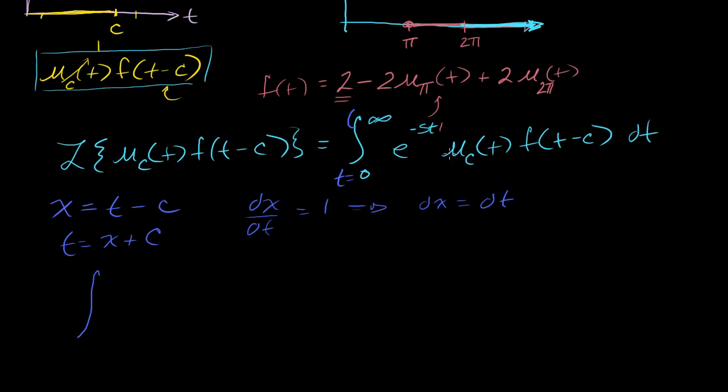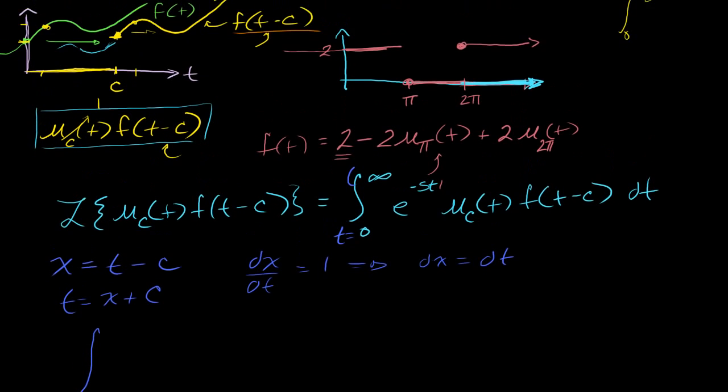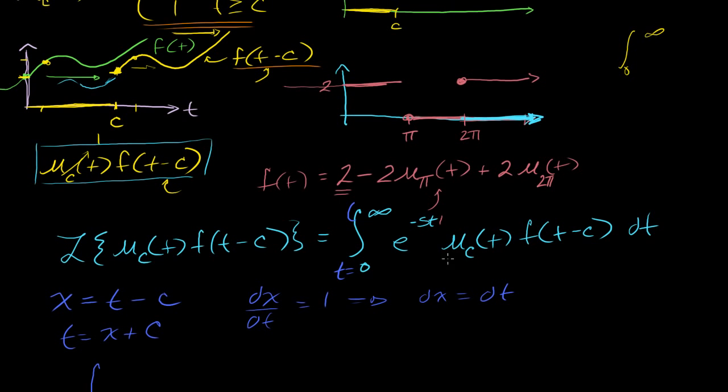Let's go back to our original integral before we even made our substitution. If we're taking the integral from 0 to infinity of this thing, what does this function look like? It's 0. We have this unit step function sitting right there. So this whole expression is going to be 0 until we get to c.